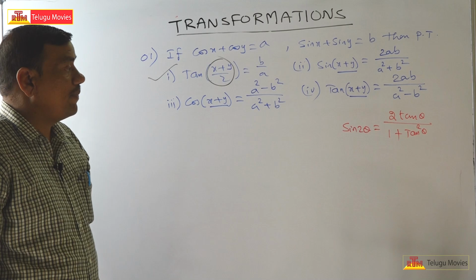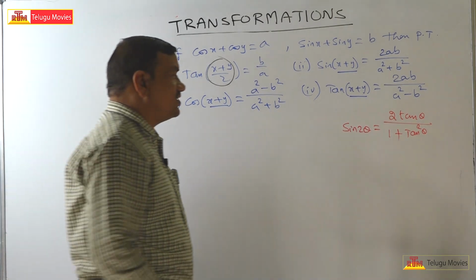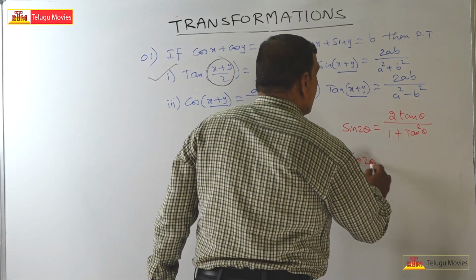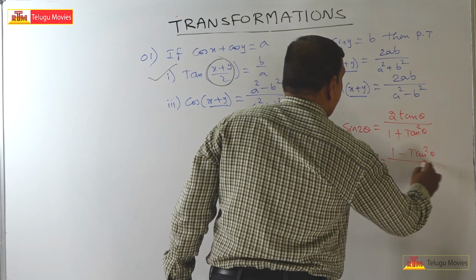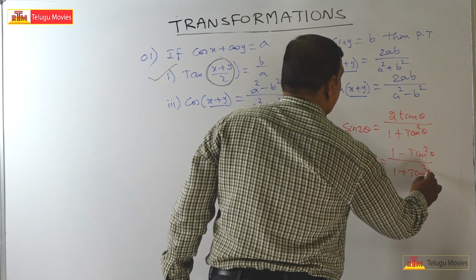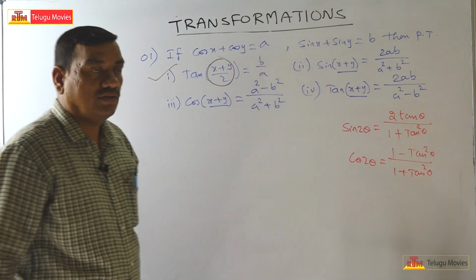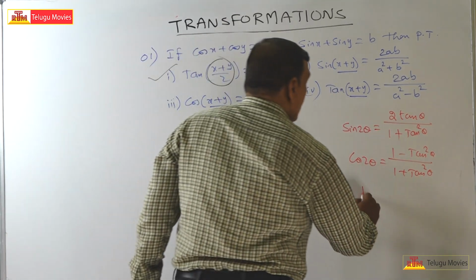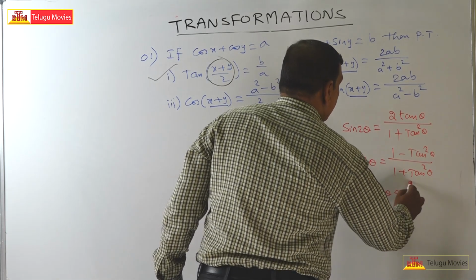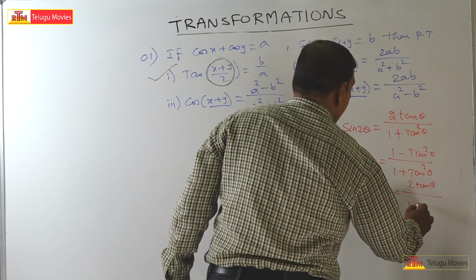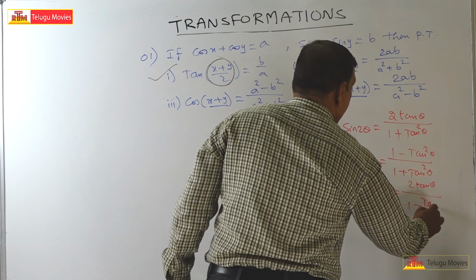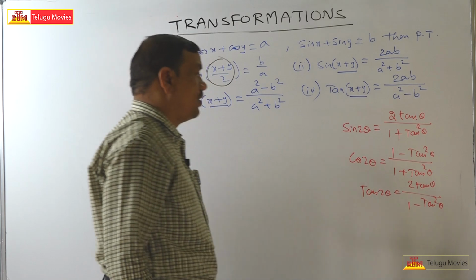Just like that, cos 2 theta is equal to 1 minus tan square theta by 1 plus tan square theta. Right. What is the tan 2 theta formula? Tan 2 theta is equal to 2 tan theta by 1 minus tan square theta. So those are the formulas we have.